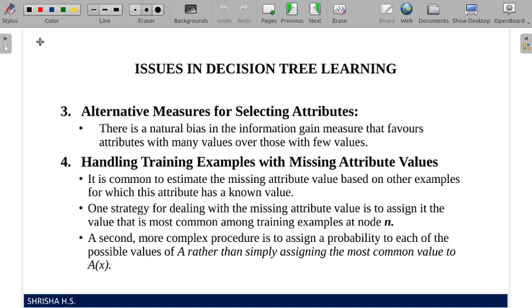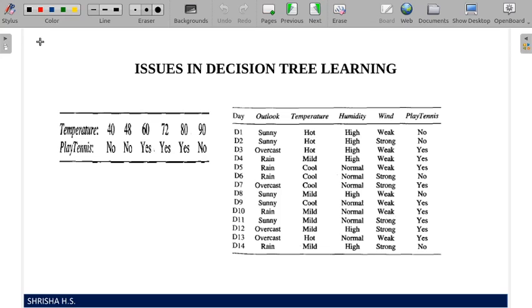The next one is a more complex procedure: first find out the probability that an instance has an attribute value of x. Suppose in temperature there are three possible values, hot, mild and cool, and there is a missing value.